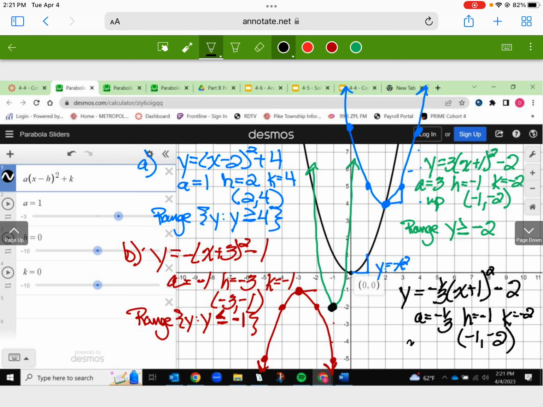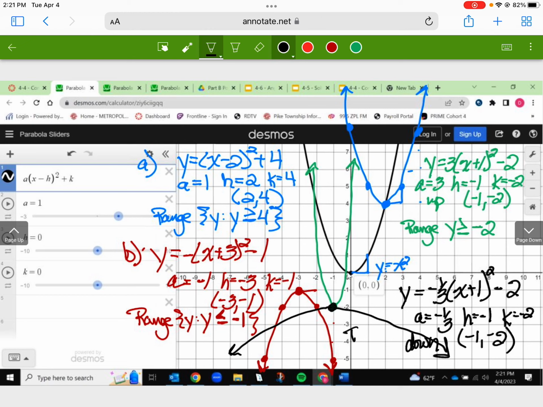It's going down, and it is -1/3. That is a fraction, small. That means it is going to go wider. How wide? I don't know exactly, but I know it's going down and it's going wide.